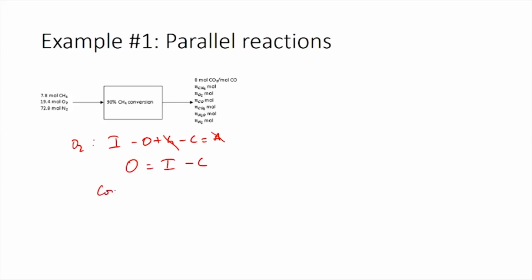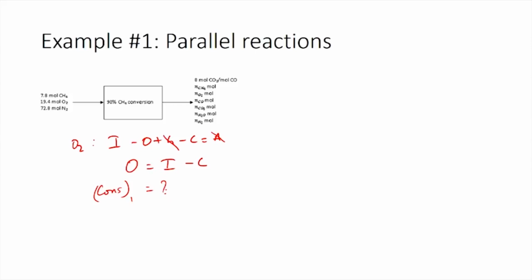So, consumption in reaction 1 would be what? From the stoichiometry, you know that for every mole of carbon dioxide produced, you have 2 moles of oxygen consumed, and for every mole of carbon monoxide produced, you have 1.5 moles of oxygen consumed.